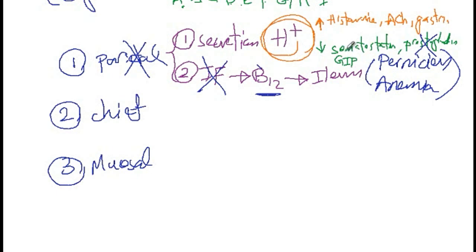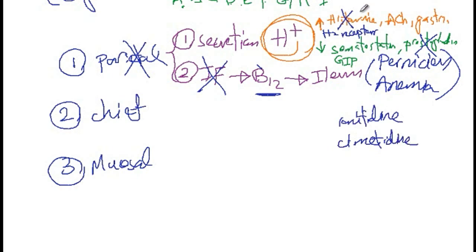On the other hand, there are medications that will block histamine H2 receptor. An example of these medications include ranitidine or cimetidine, and thus they would decrease the secretion of stomach acid.